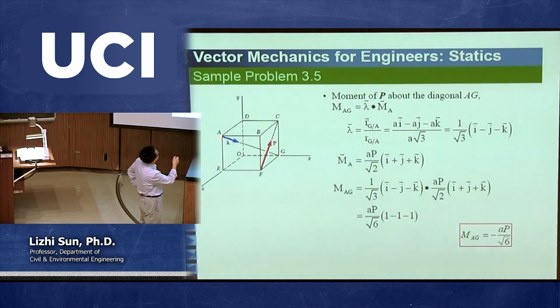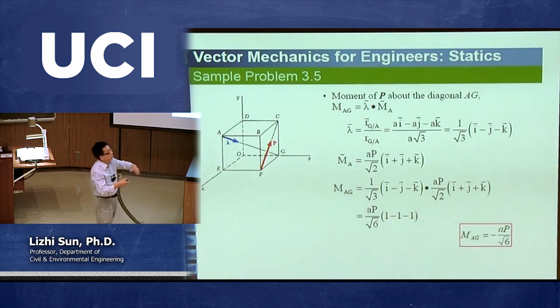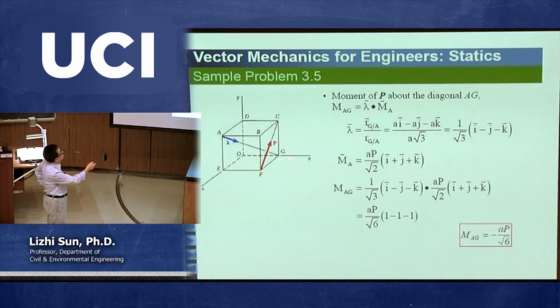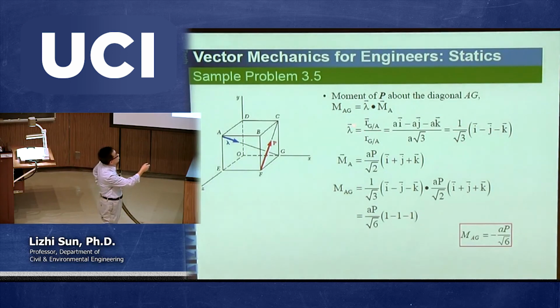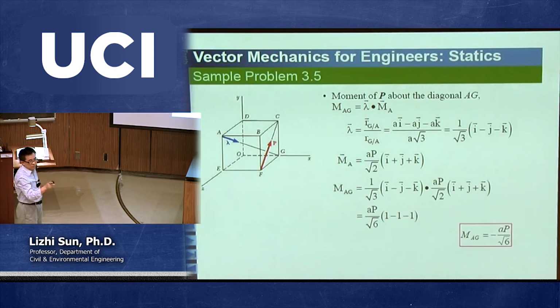So A, 0, 0 subtract 0, A, A, that's going to be A, negative A, and negative A. Okay, so you do the simple math, you can get the numerator, that is the distance vector from A to G using the 3 components of point G subtract the 3 components of point A. But don't forget to divide by the distance from A to G, that means square root of A squared plus A squared plus A squared. Then finally you have A and 3 square root. So A will be cancelled. This is what you'll finally get to be the lambda.